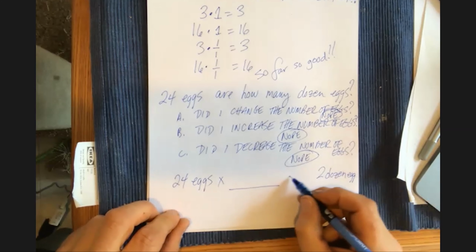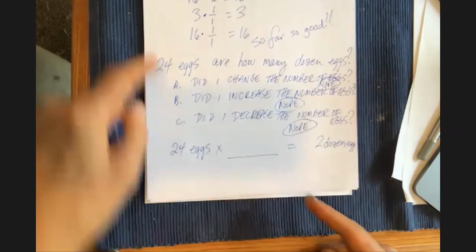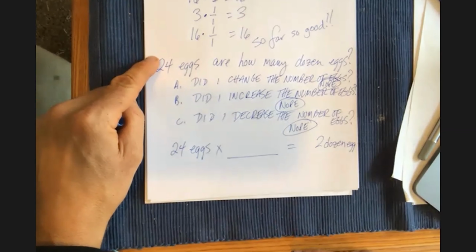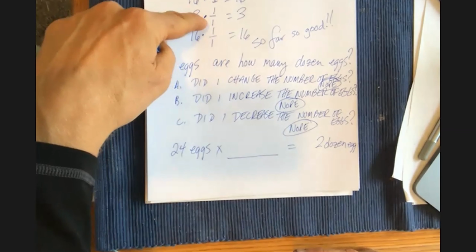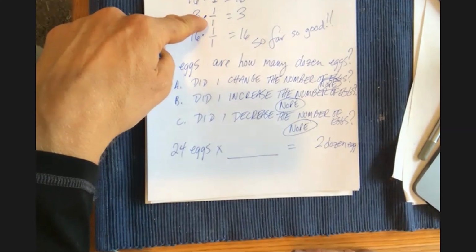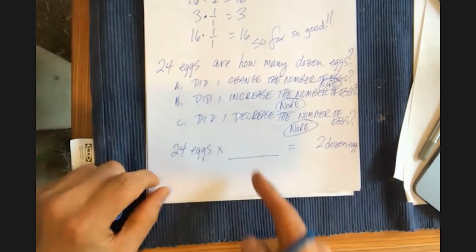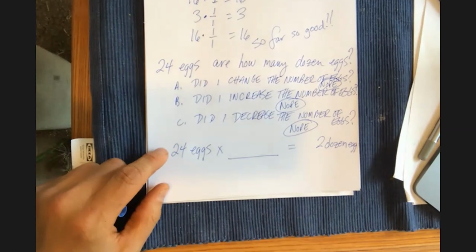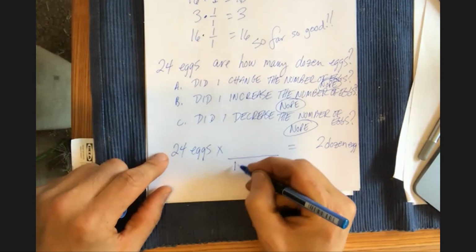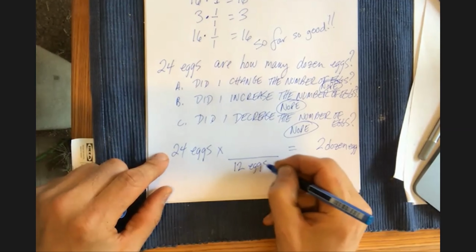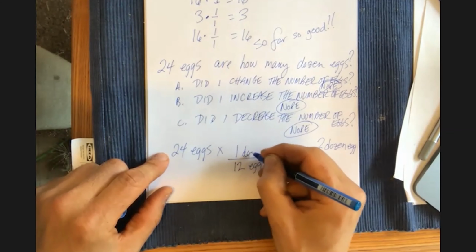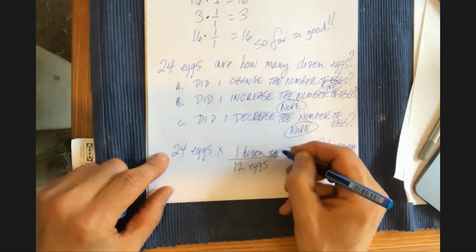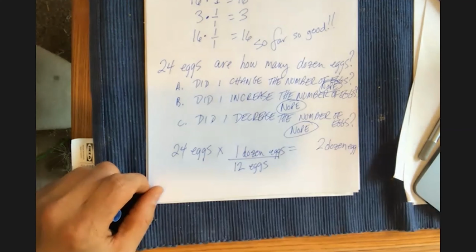And I got to multiply it by something that doesn't change my number of eggs at all. I'm multiplying it by this thing that is 1. And what is the thing that is actually equal to 1? Well, I bet all of our students know that 12 eggs is 1 dozen eggs, right?